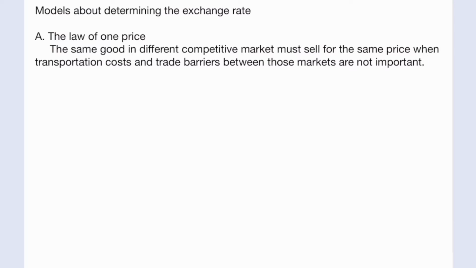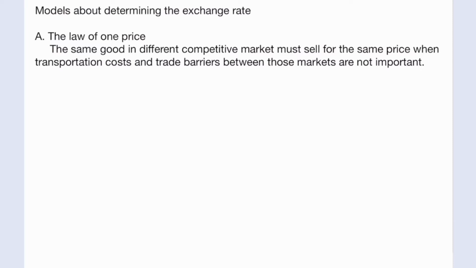Therefore, I would prefer to buy goods from the Canadian side because it's much cheaper. Because of that, there is more demand for the Canadian side pizza, and less demand for the US side pizza. What happens is that the Canadian pizza will become more expensive and the US pizza will become less expensive.